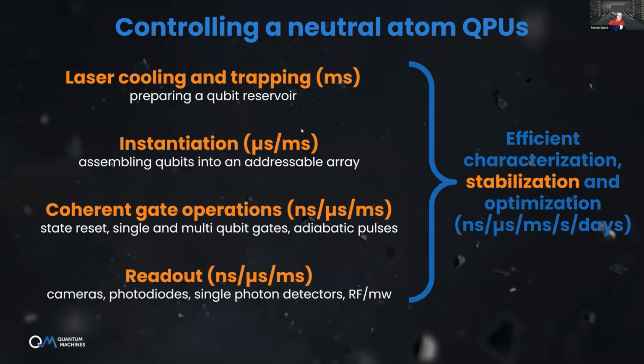So preparing the qubit reservoirs, laser cooling and trapping, doing arrangement of atom arrays, even large ones, doing coherent gate operations, readout, and stabilization and characterization of all the associated parameters. If there are any questions, this will be a great time to ask. Otherwise, we can stop here also.